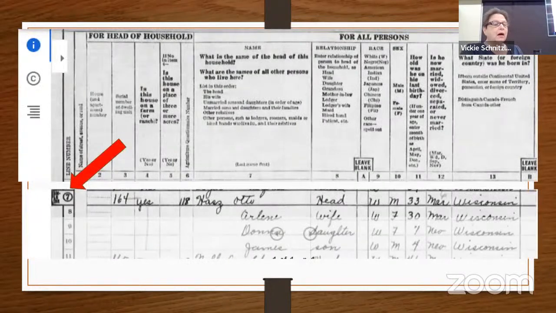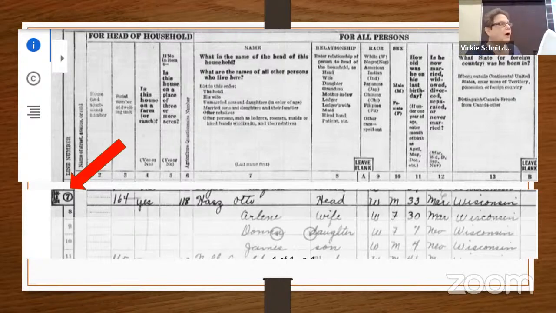Okay, on the chart, if you want to just take a quick peek at the last page of your handout, you can see that there's little tabs every so often. Those are the sample lines. And what they did for these sample lines, they asked some additional questions of those people. They weren't always the head of the household. They might have been the wife, they might have been somebody else living in the house.